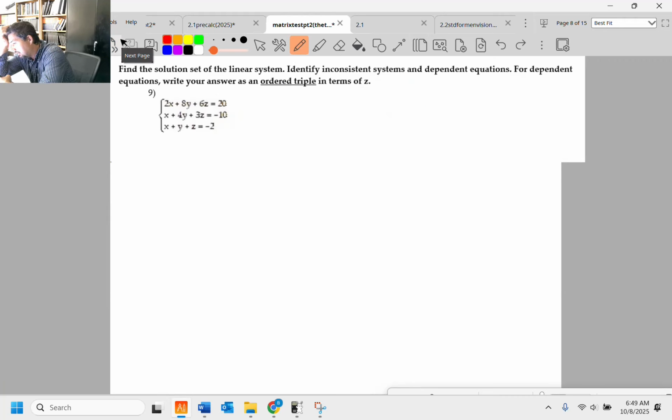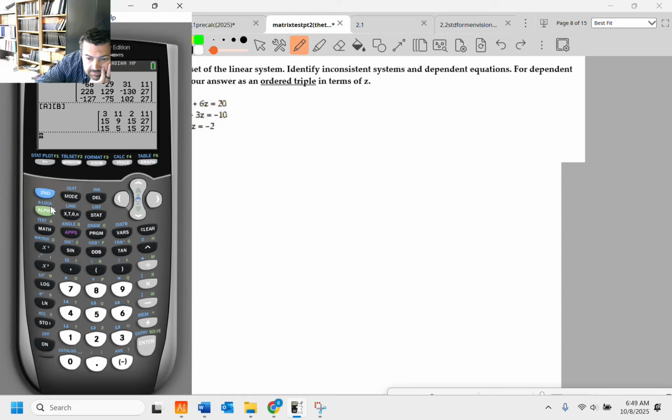All right, save a little time here. I'm going to go straight to the augmented matrix in my calculator. So second matrix, edit. It'll be a 3 by 4 like all these are.